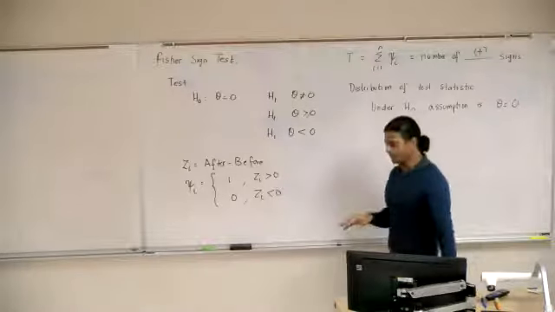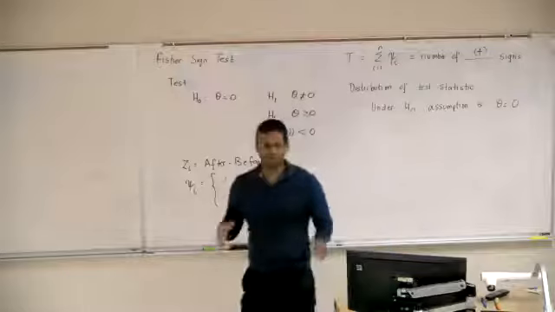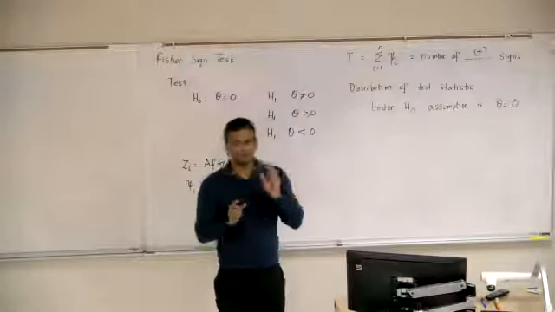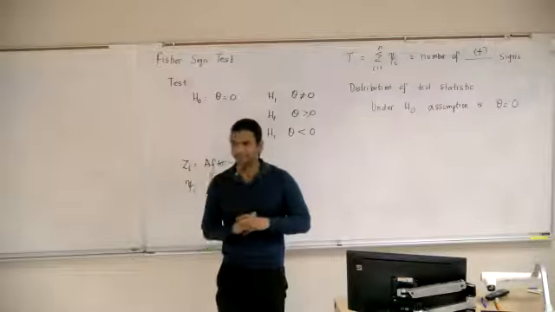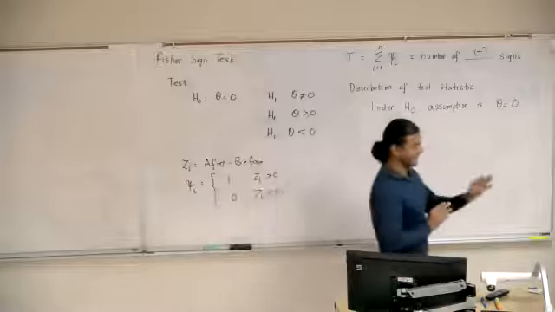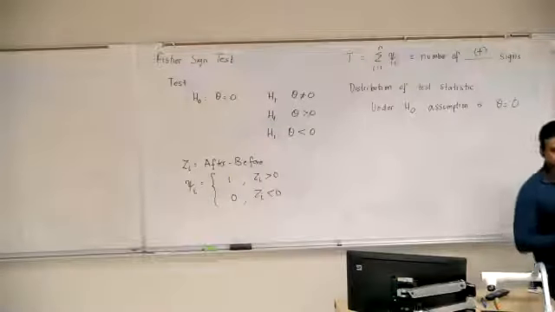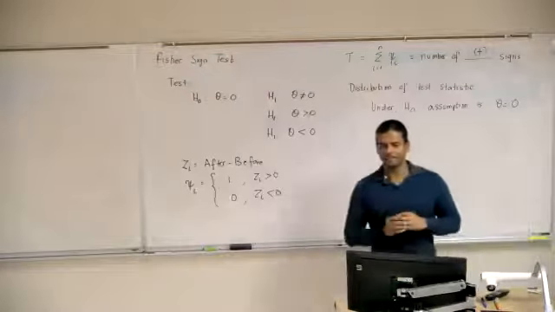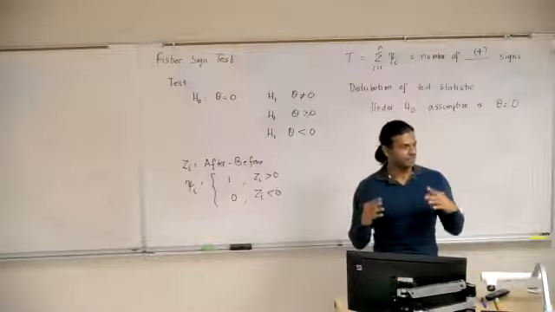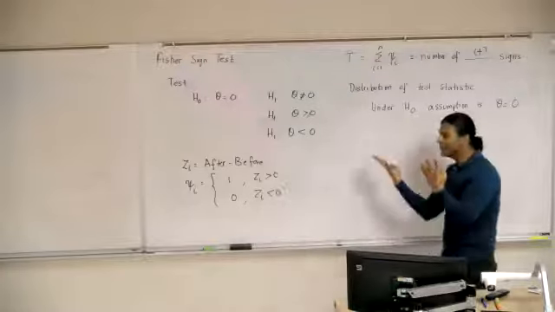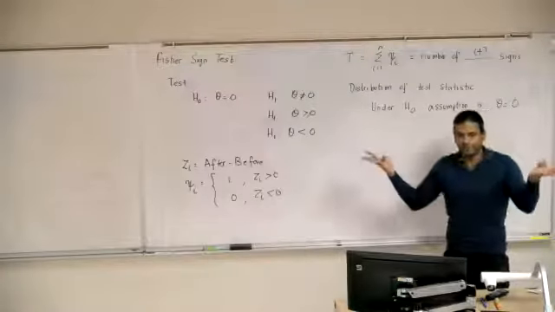If there are no differences, then what should be the behavior of the plus signs and the minus signs? Let's say I have a sample of size 8. How many plus signs should I have? How many minus signs should I have? It should be evenly distributed, 50-50. If I had 4 positive signs and 4 negative signs, there is no difference at all.